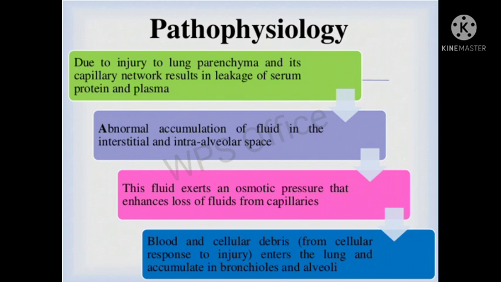Now the pathophysiology. Due to the injury to the lung parenchyma and its capillary network, there will be leakage of serum protein and plasma. Then abnormal accumulation of fluid in the interstitial and intra-alveolar space will occur. The proteins and plasma present inside the capillaries leak and accumulate in the intra-alveolar space.